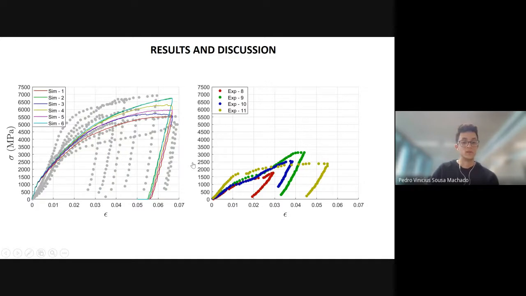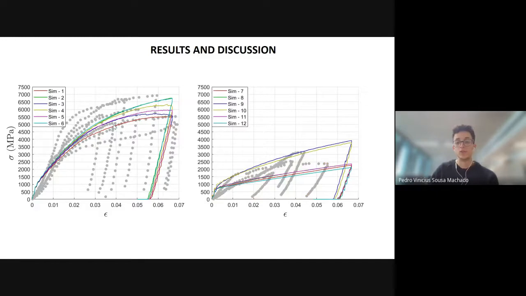In the unloading and the loading part, we see a bit of deviation here, but this is explained because in simulations the contact at the beginning is perfect. On the other hand, in the experiments, the contact is never perfect. So that's why there is a little bit of deviation here. But generally, I think the results are good. It's matching the data well.